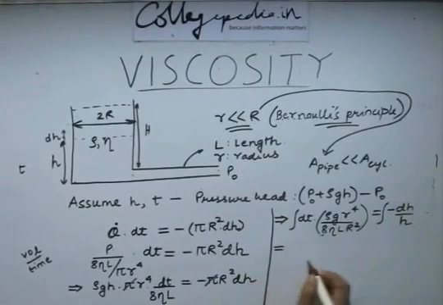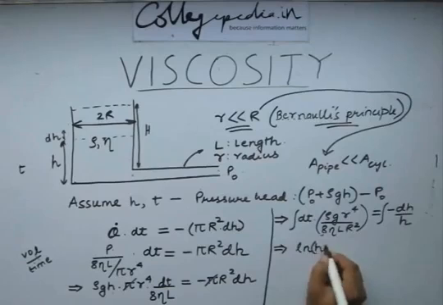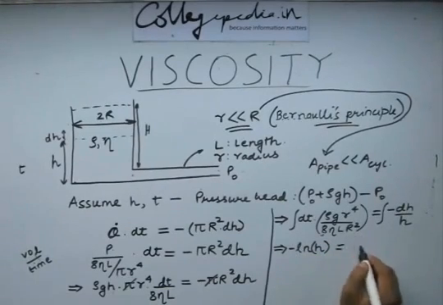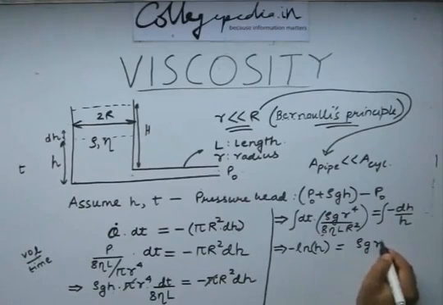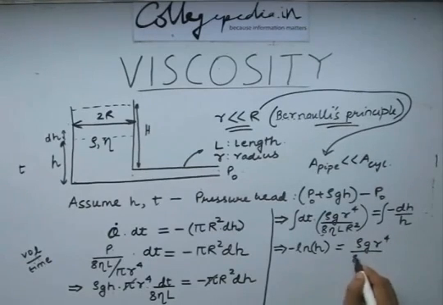So on this side, we will be having ln of h with a negative sign being equal to rho g r to the power 4 by 8 eta L R square times t.